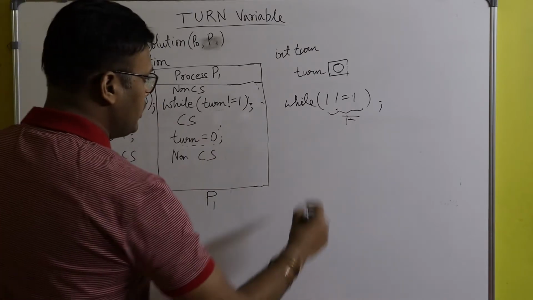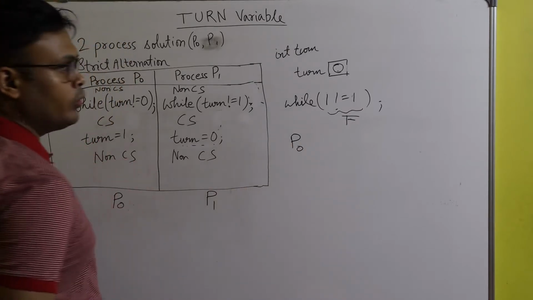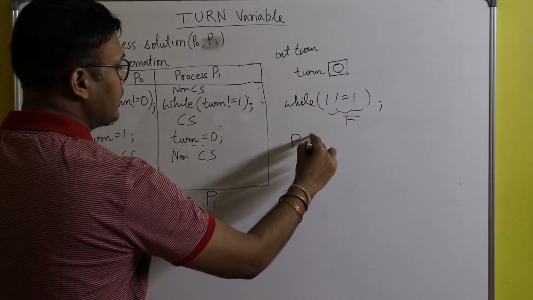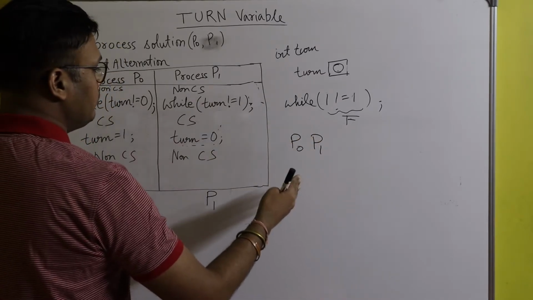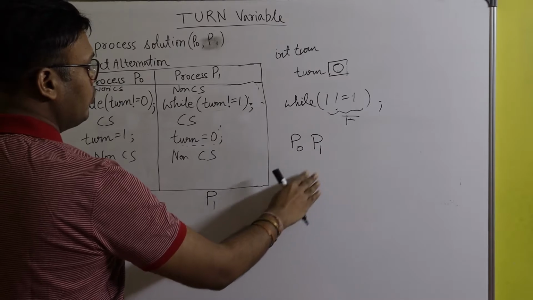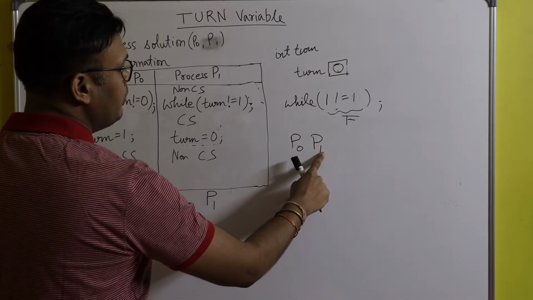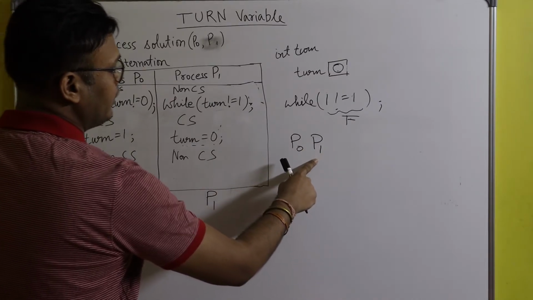So you see now, initially P0 got the chance to enter the critical section. After that, P1 got the chance to enter the critical section. Now since P1 came out, both the processes came out from the critical section. Just remember, P1 was the last process which entered the critical section.